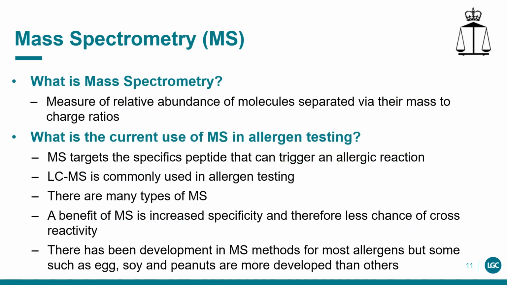Mass spectrometry is an emerging technique in the detection of allergenic proteins. Fundamentally, it measures the mass-to-charge ratios of ionized molecules to enable their identification. There are several different types of mass spectrometry allergen testing, which is undertaken using liquid chromatography mass spectrometry, LC-MS, in which liquid chromatography is initially employed to separate out the peptides prior to injection into the mass spectrometer.